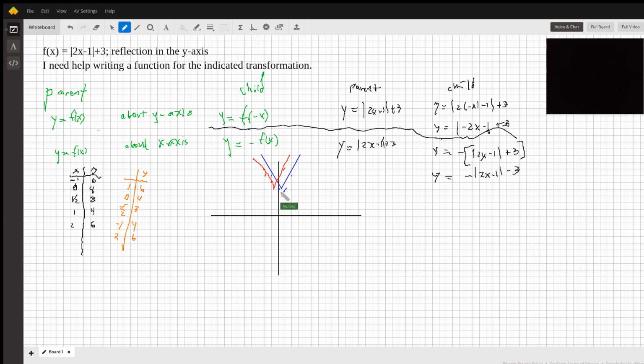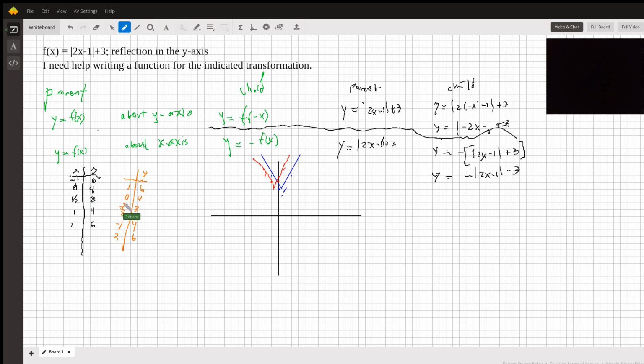So for example, 0, 4 will be the vertex. Oops, I forgot the half, excuse me. But 0, 4, let's see, that's supposed to be, yeah, 0, 4 does work. So this point here was reflected on itself. It's a little hard to see. And then the vertex was at positive 1/2.